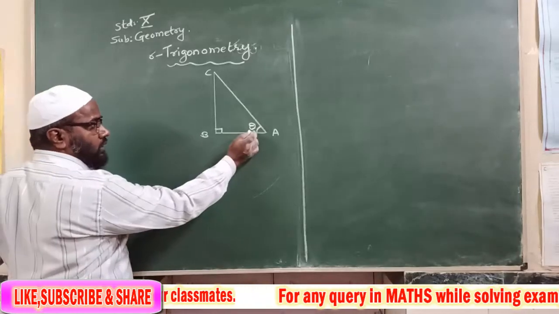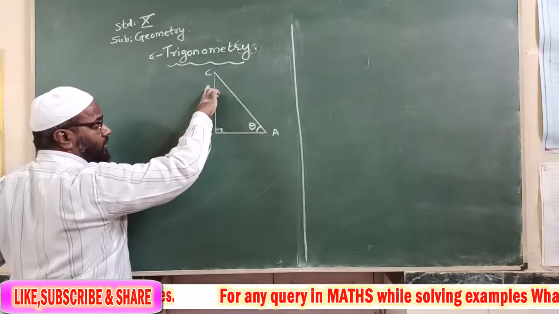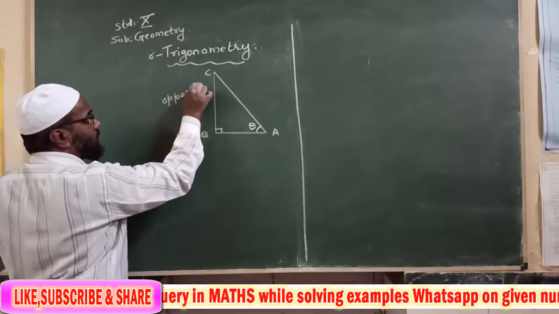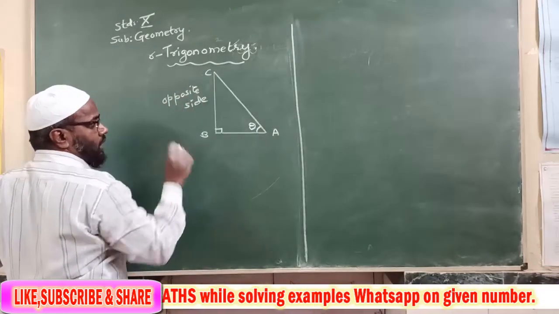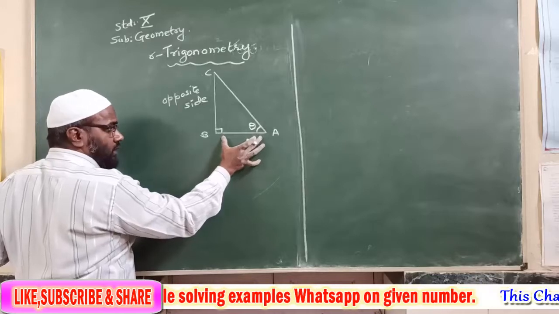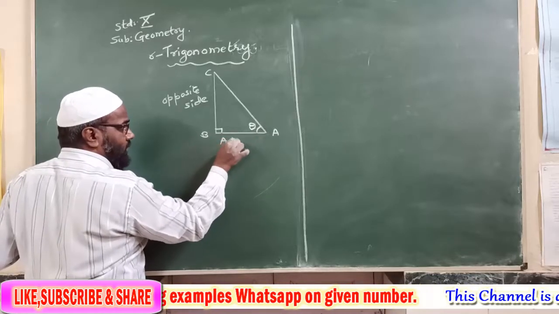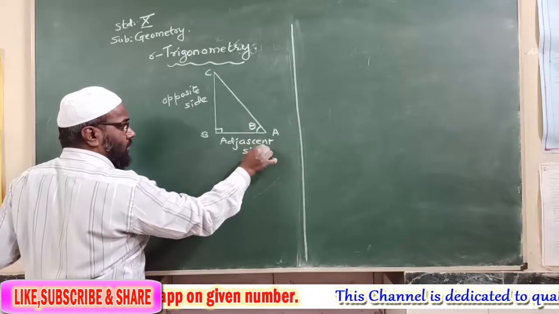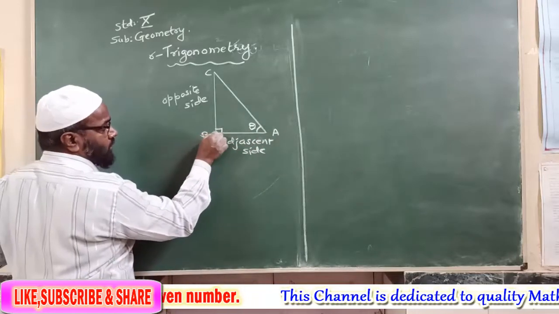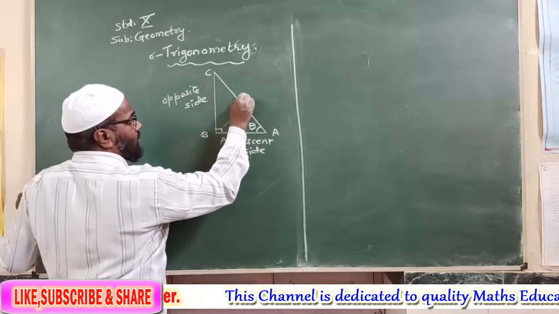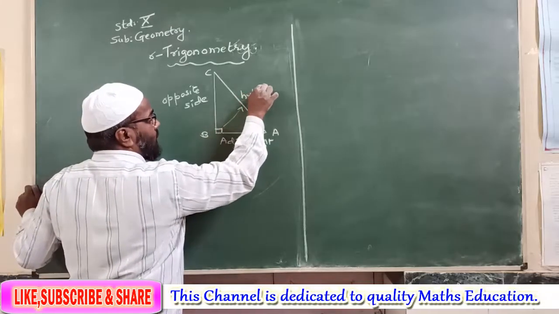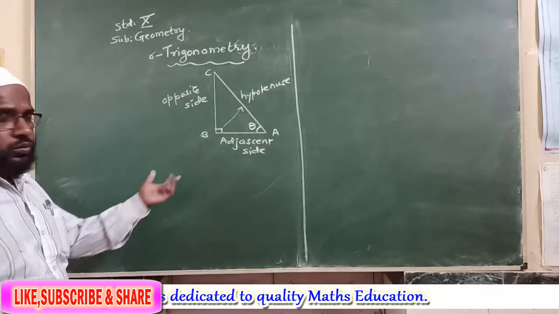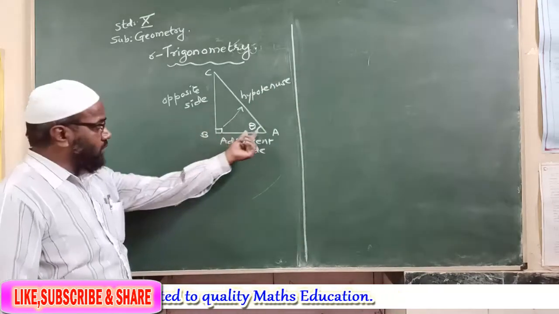Then for this angle theta, this side BC is called the opposite side, while this side AC is called the adjacent side. And the side opposite to the right angle is called the hypotenuse. So remember these sides.